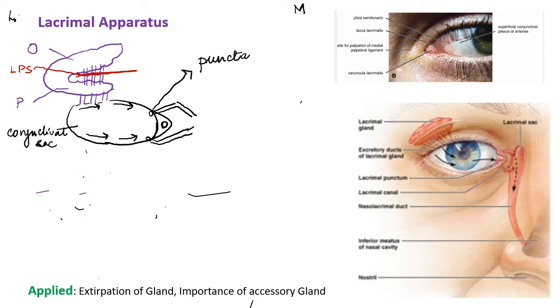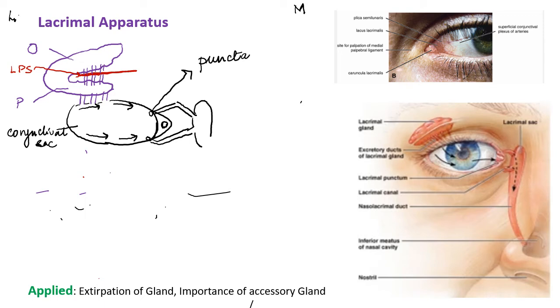Now, they may open separately in the lacrimal sac or they may open together in the lacrimal sac, which is present in the medial part of the orbit, in front of the lacrimal bone, in between the anterior and the posterior lacrimal crest.